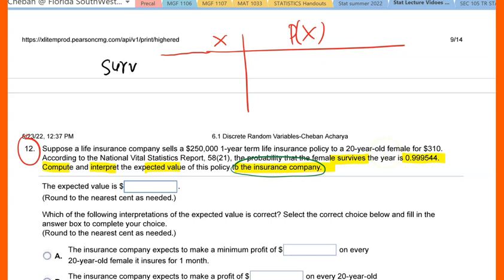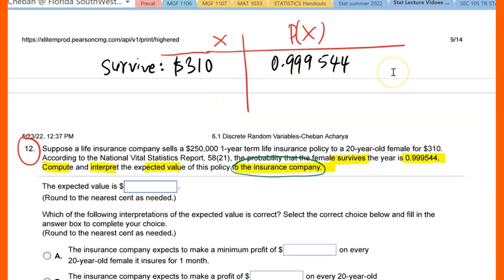Survive: the insurance company gets $310. But what's the chance of survival? 0.999544. Of course, this is almost 1 because a 20 years old female's survival probability is very high.